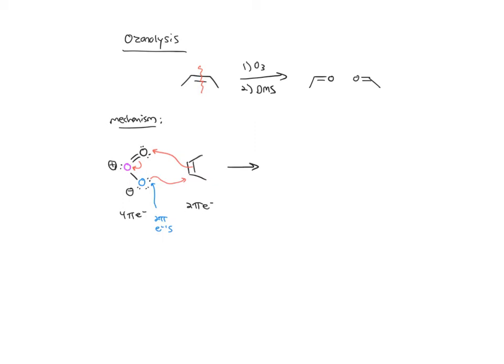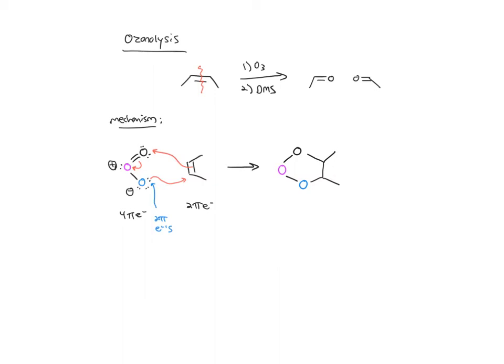And so what we're going to be left with is that oxygen at the top, then our purple oxygen and our blue oxygen atom, all connected with single bonds. Now our new sigma bonds are going to be formed to the carbons that were in the double bond. And so we're going to have a species that looks like that.